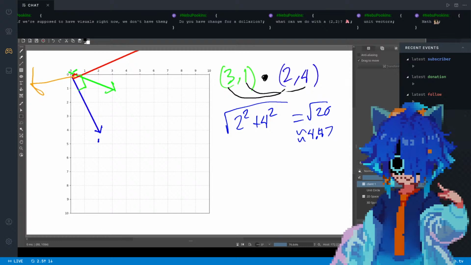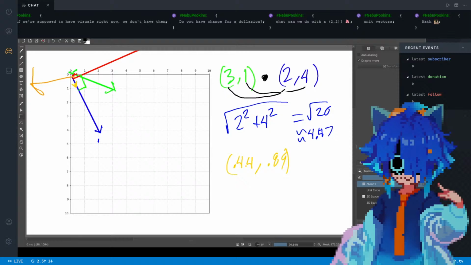So when we take this vector, 2, 4, divided by 4.47, we get the vector 0.44, 0.89.